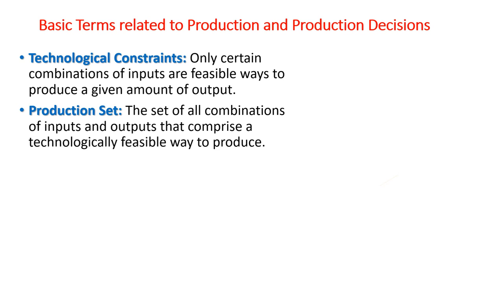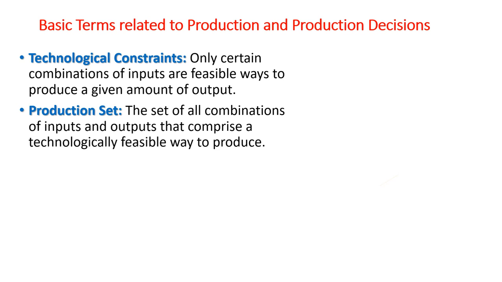Then it is definitely possible to produce less than 4 kg of potato chips as well using the same combination of inputs. Therefore, the production set includes these inputs and the output levels up to 4 kg of potato chips. Similarly, it also includes all the other combinations of inputs that can produce up to 4 kg of potato chips.